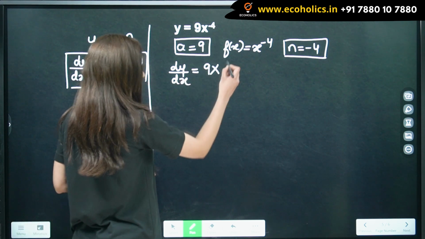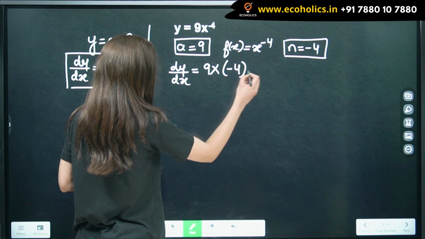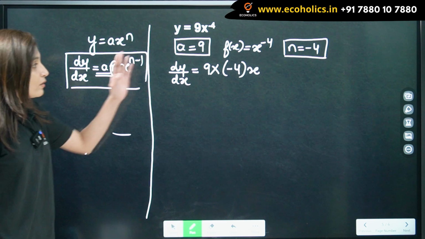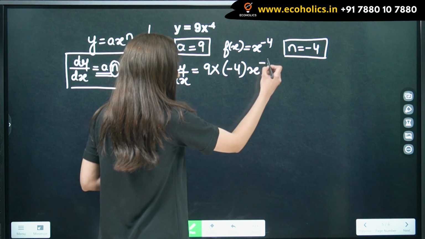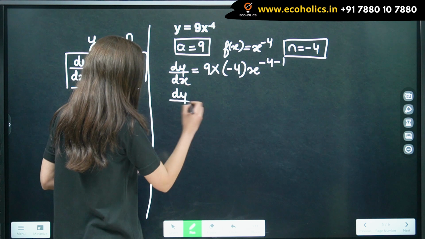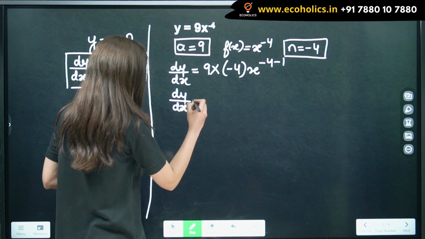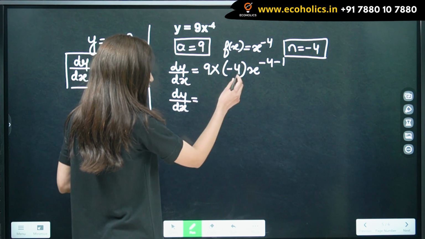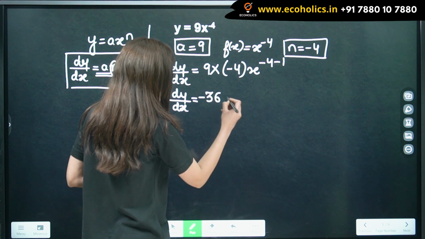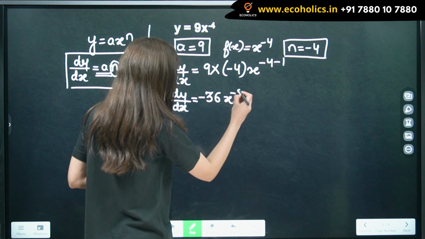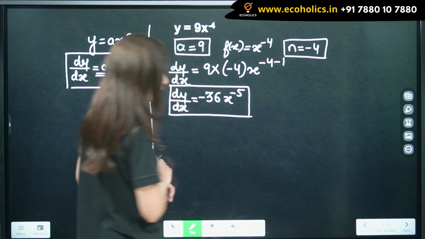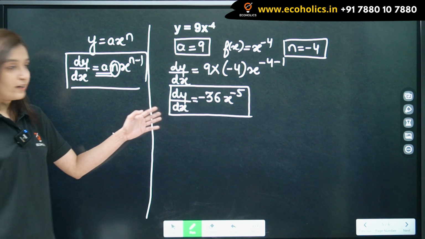So, we have minus 4 x raised to n minus 1. So, this becomes minus 4 minus 1. So, dy by dx is equal to 9 4s are 36. So, minus 36 x raised to minus 5. So, this is our final answer.